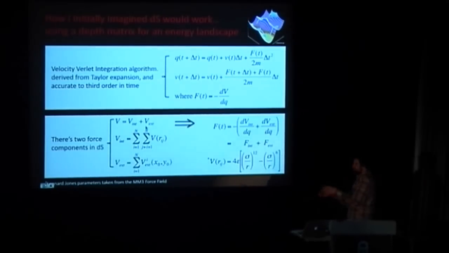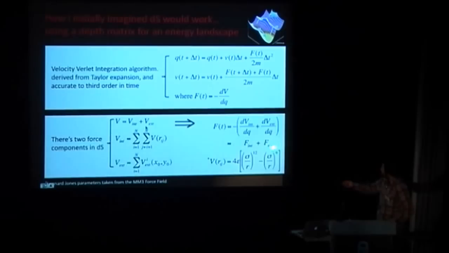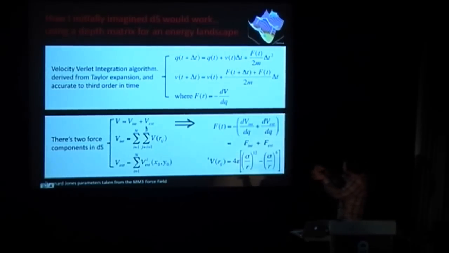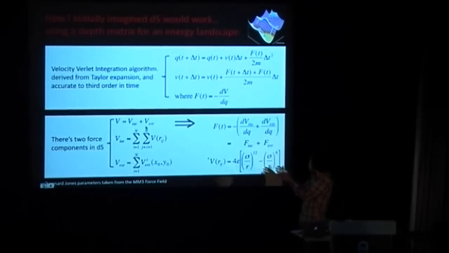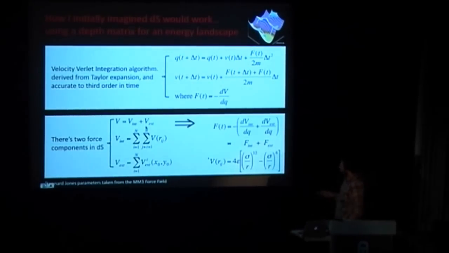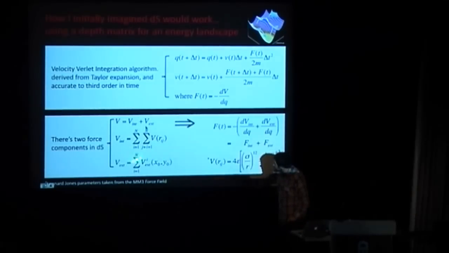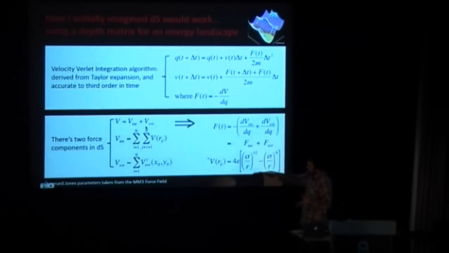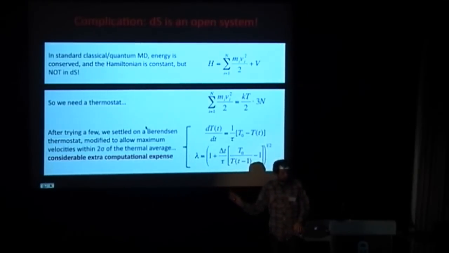We know how to do that, but we didn't want to start with that. So the internal force field is this liquid force field, okay? There's slightly a little attractive well, so sometimes you get a little clustering, but it's mostly repulsive. And then the external field basically comes from evaluating the position of the particle on the depth matrix from the 3D capture system, okay? So that's how I thought it would work.